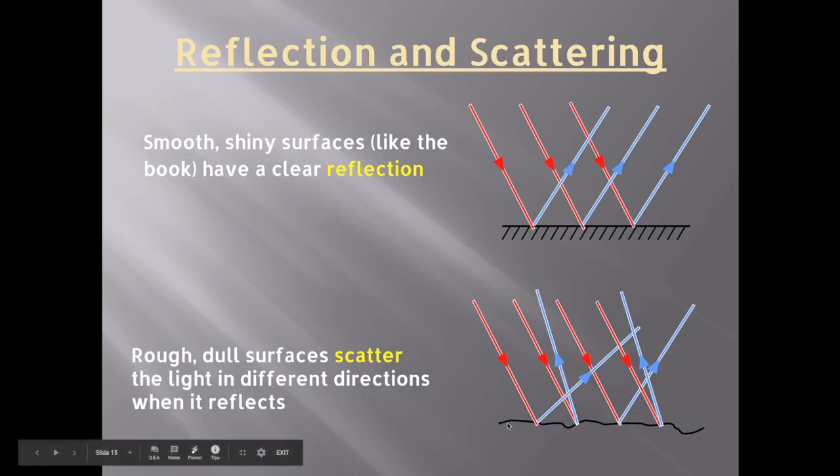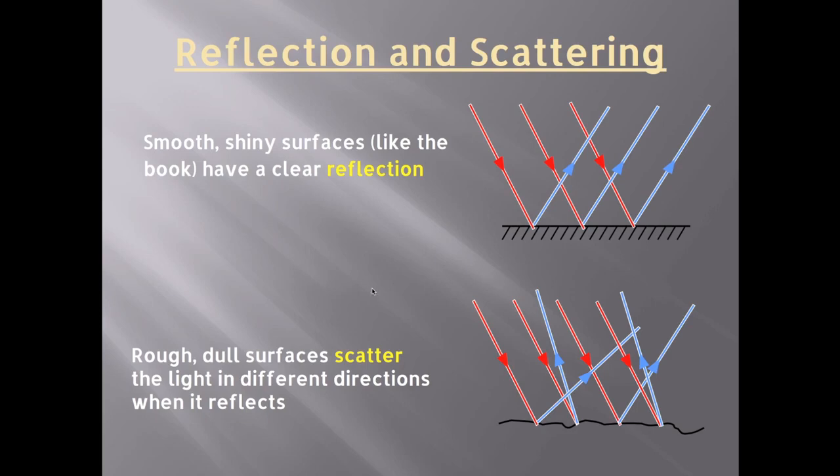And that's because as far as the light's concerned, it's rough. It might not be rough as far as you're concerned. The surface of your desk is probably not shiny enough for you to see your face in it, but it still feels flat. So as far as the light's concerned, this is a rough surface, and it scatters the light from it, so you don't get a nice regular reflection.